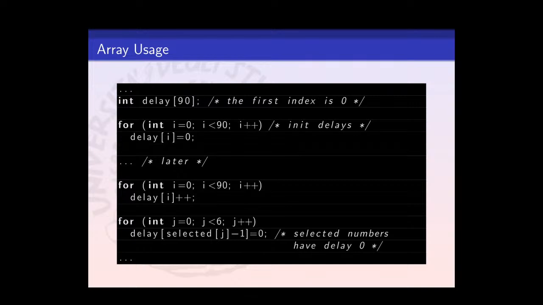We simply have to change this piece of code. So that 90 should be replaced by 200. And the same thing also holds for the number of selected numbers. So if at some point in the Super Enalotto, instead of forecasting 6 numbers, you will be requested to forecast, I don't know, 10 numbers, you simply have to change the 6 into 10, and that's it.